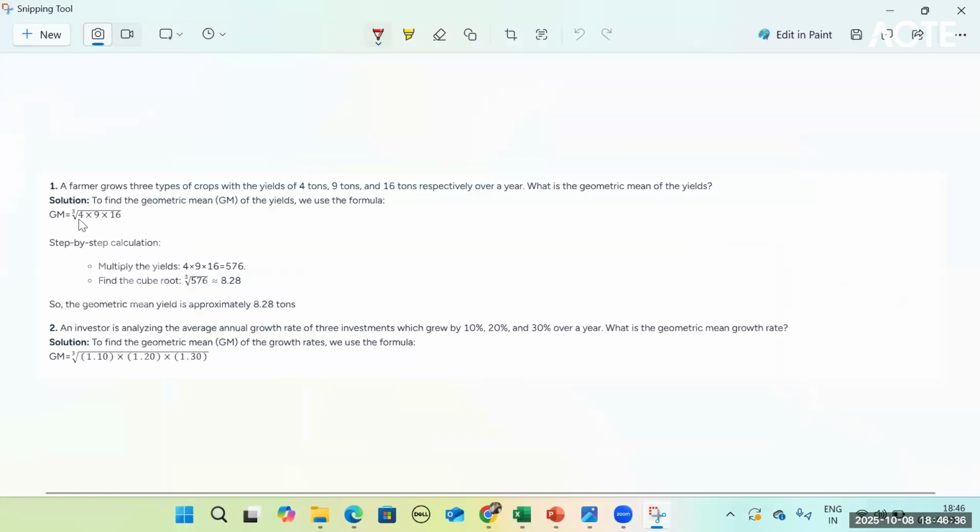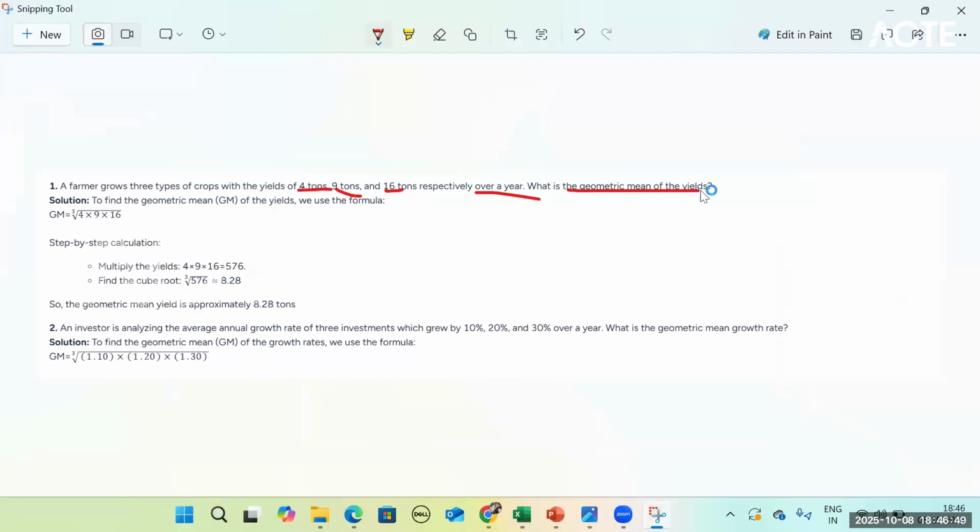So over here also, there are 3 values, that is 4 tons, 9 tons, and 16 tons respectively over a year. So the geometrical mean of the yields, we can write 4 into 9 into 16.